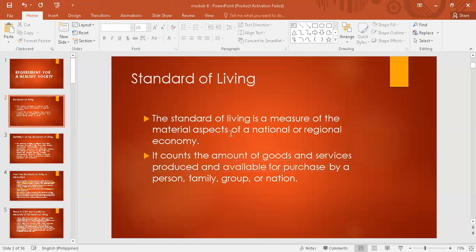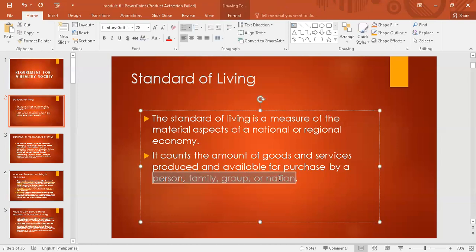Ganon. Okay? So, standard of living, if halimbawa hindi nakakapag-produce sa isang nation yung mga tao ng goods or services, walang i-avail, walang i-consume ang mga individual, the family, group, person, nation, or whatsoever.